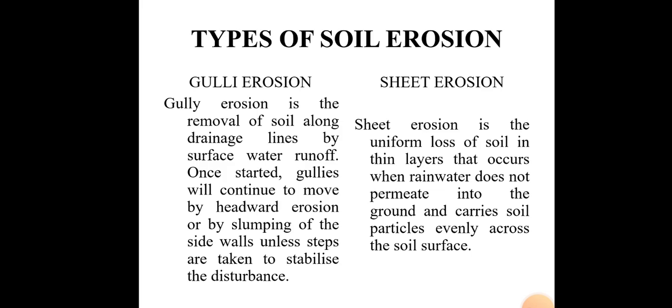The layer of soil up to where it is hard in nature will be eroded and create a gully. Sheet erosion is the uniform loss of soil in a thin layer that occurs where rainwater does not penetrate into the ground and carries soil particles evenly across the soil surface.